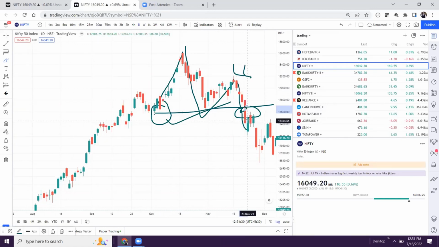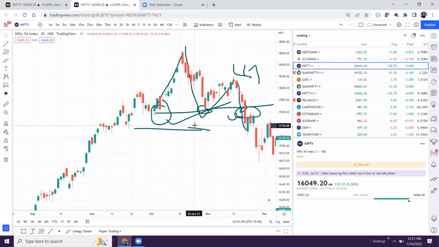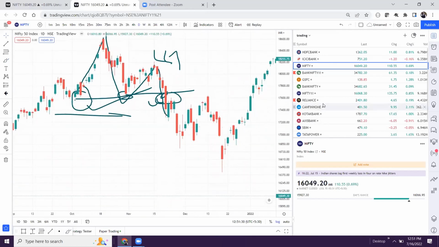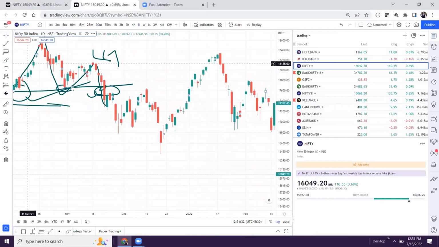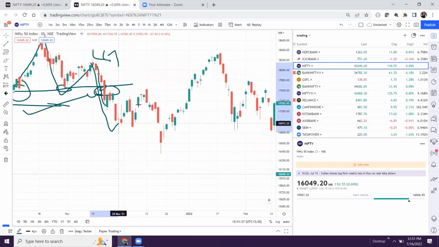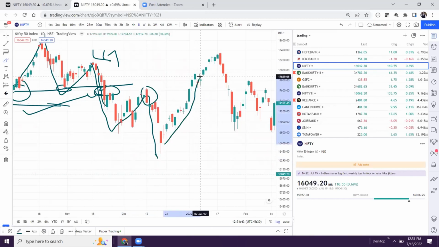First lower low we got, and the lower high is this, and this is a lower low which is lower than the previous low. And after that you can see there is a fall also. Right after this, on a daily level, this previous low was taken out here.